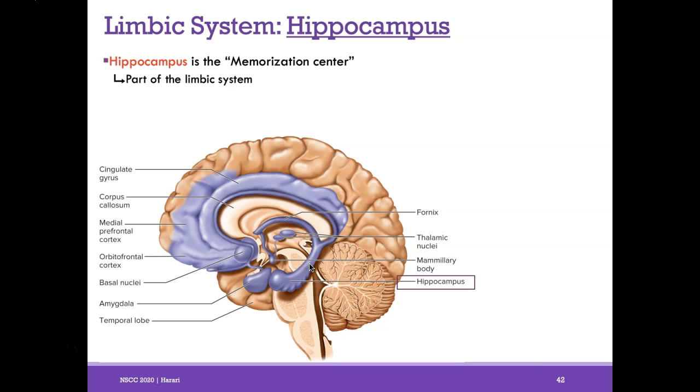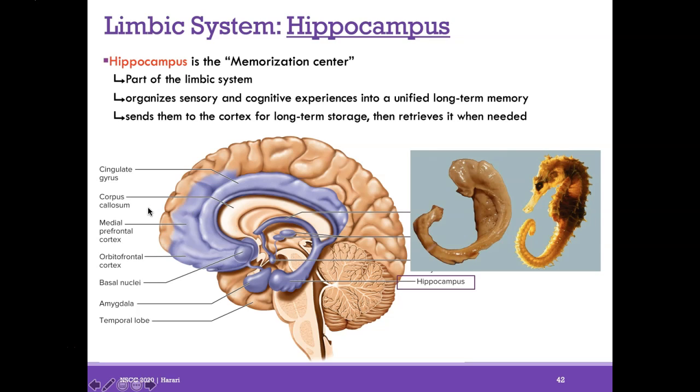So part of the limbic system is called the hippocampus, which is the memorization center, and it organizes our sensory experiences and our cognitive experiences into a unified long-term memory. So our hippocampus, as well as our temporal lobe, are involved in memory formation.